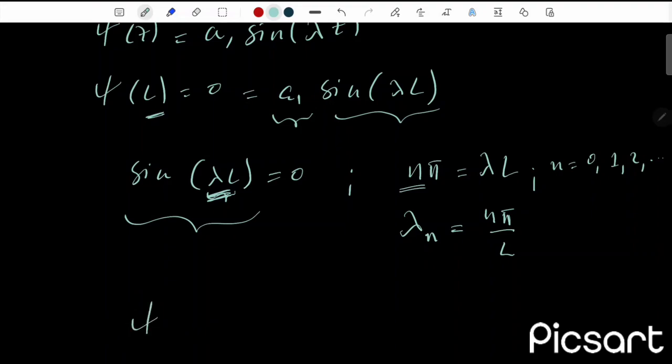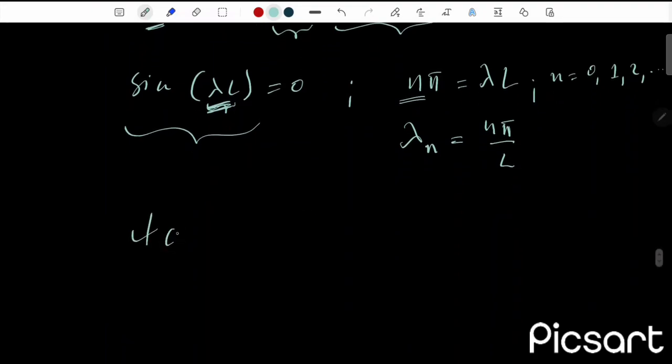We go on now. We have now psi of z equal to a1 times sine of lambda n, which is n times pi over L times z.